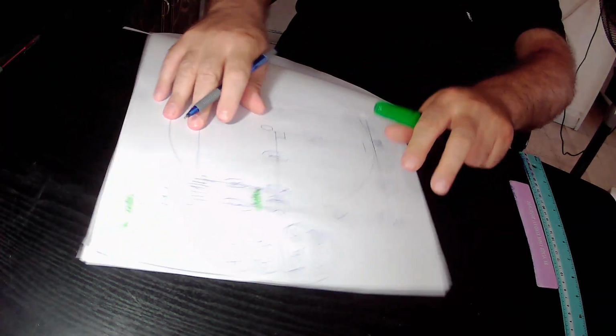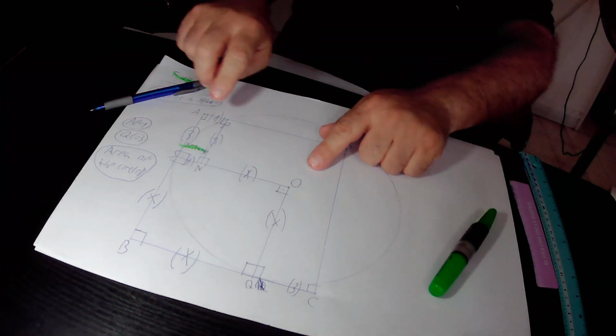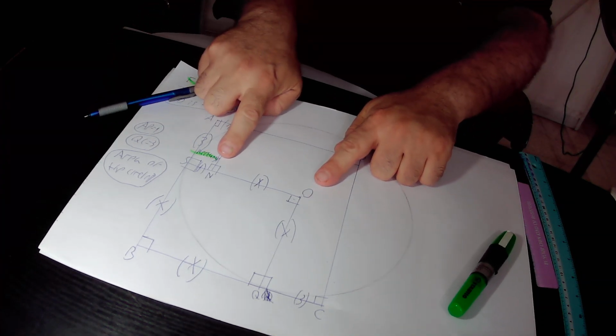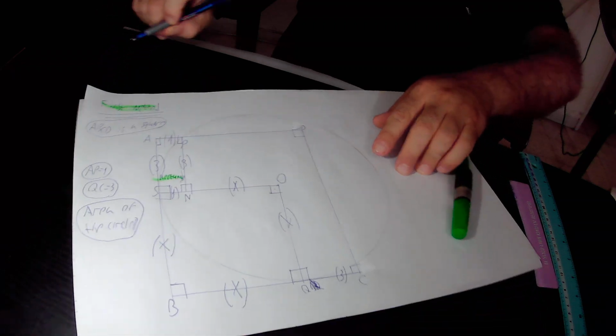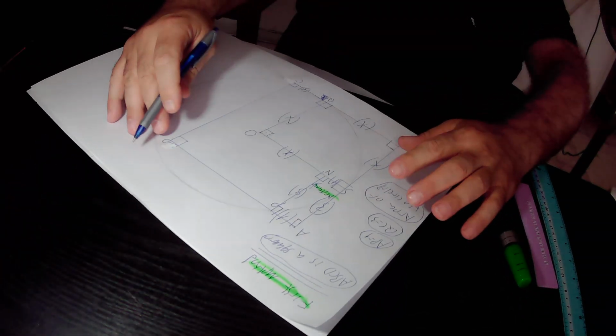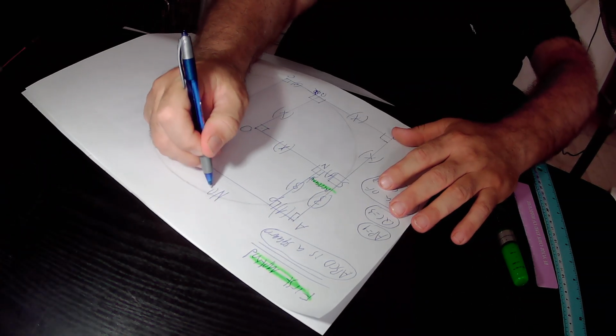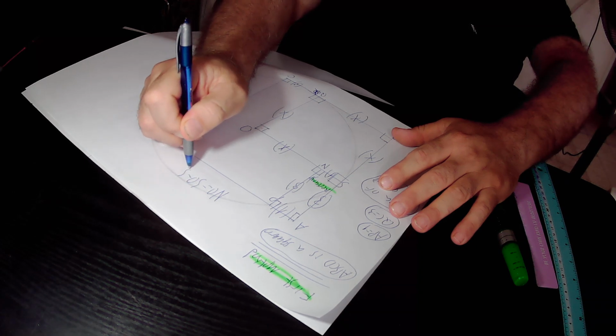What is the length of the missing segment NO? From the drawing, it is very easy to see that NO equals SO minus SN. So, I write it down. NO equals SO minus SN.